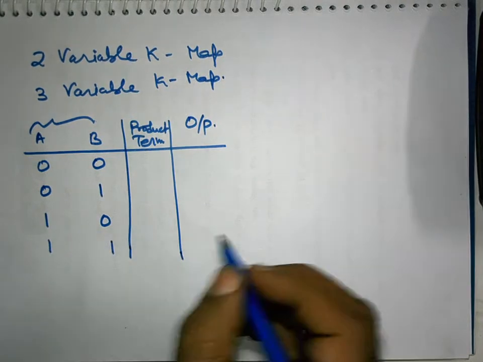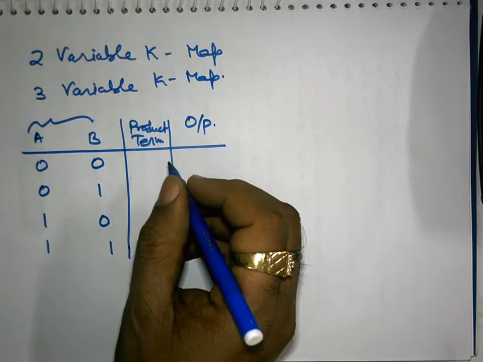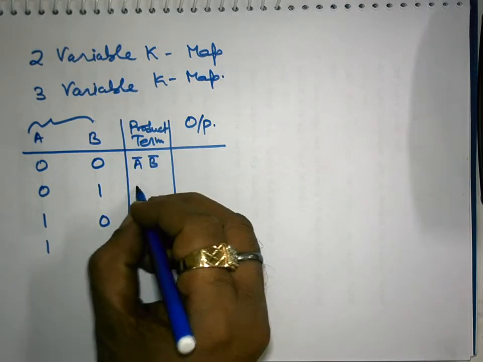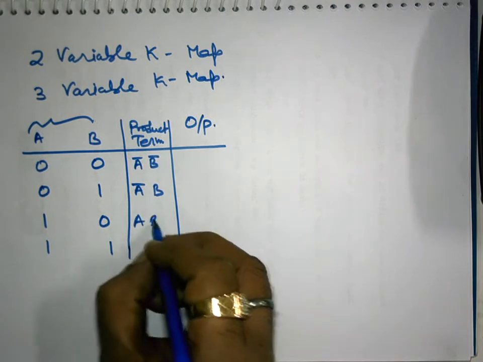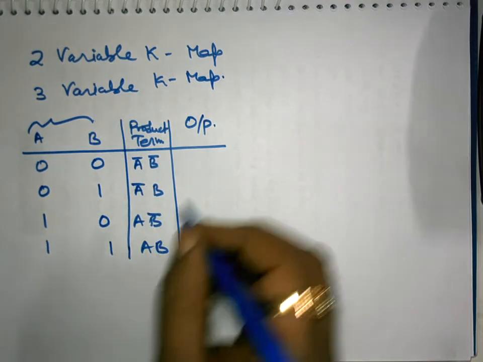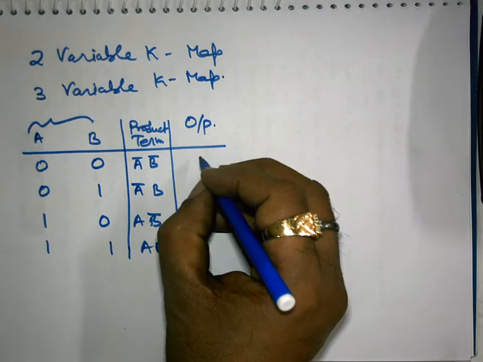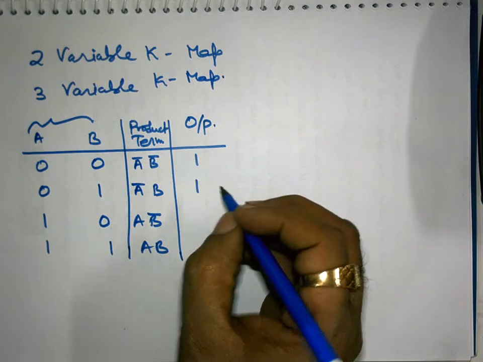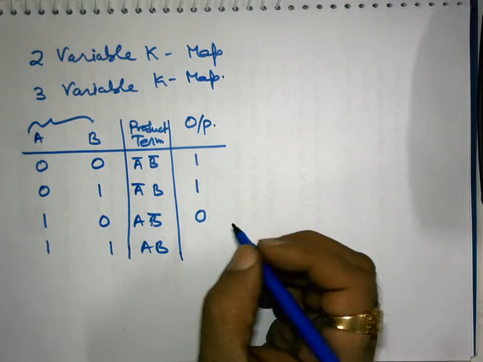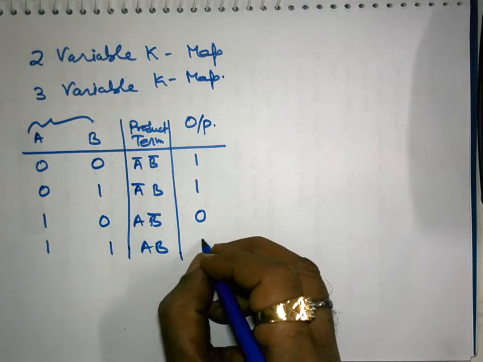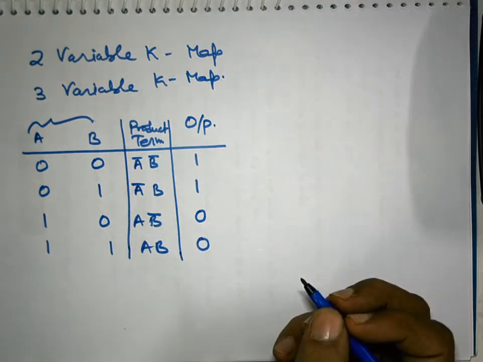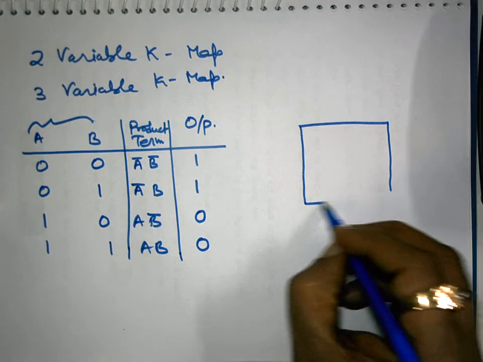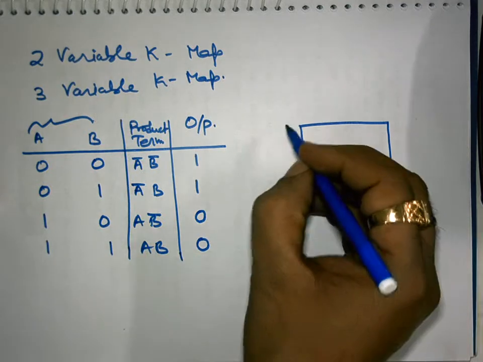So possible combinations of inputs are 4, and the product terms so formed are A bar B bar, A bar B, A B bar and A B. And the output that we desire is 1 when the input is 0 0 and 1 when the input is 0 1, and output should be 0 when input is 1 0, and output should be 0 when input is 1 1. And we formed the K map for this, and the map was obtained like this.